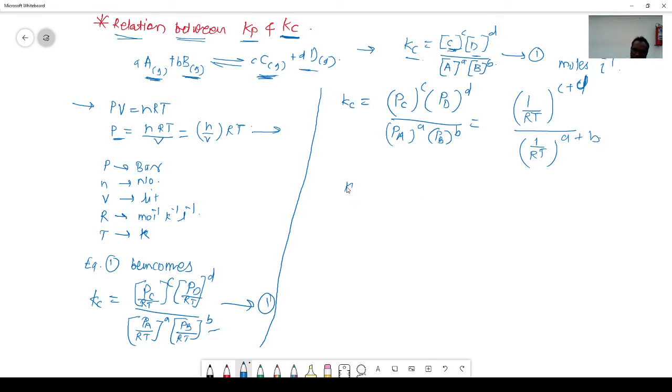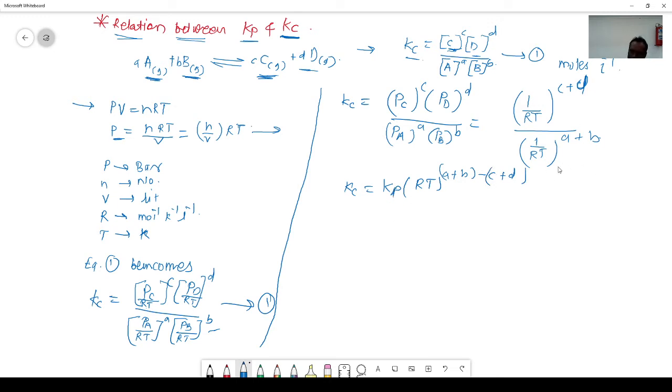Therefore I will write again Kc is equal to what? Kc is equal to Kp into RT raised to the power A plus B minus C plus D. See, this Kp is written while converting this term.